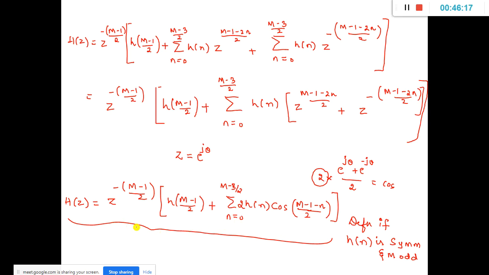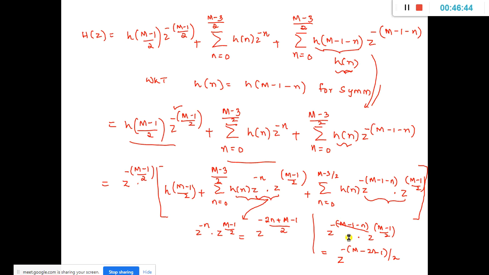Now there is no denominator term, only the numerator term is present, and this itself is nothing but the FIR, finite impulse response, or FIR filter for symmetric h of n and m is odd. That's it. I hope you got this concept here.